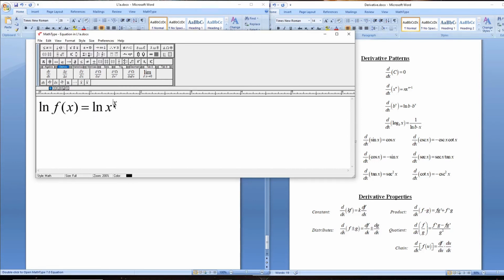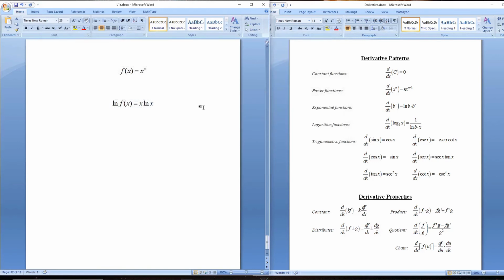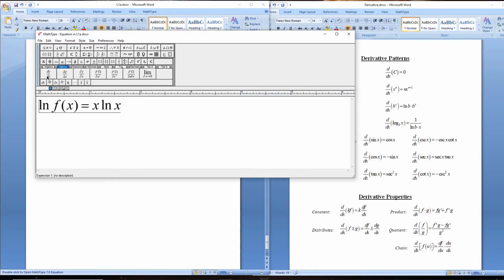Because the log has the property that we can take this exponent and bring it down into the base. And that's a very useful property. And so now what are we going to do? Well, we're going to use what we just talked about today. Let's take the derivative of both sides.